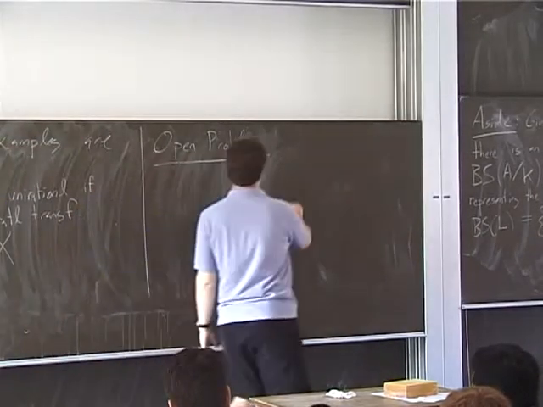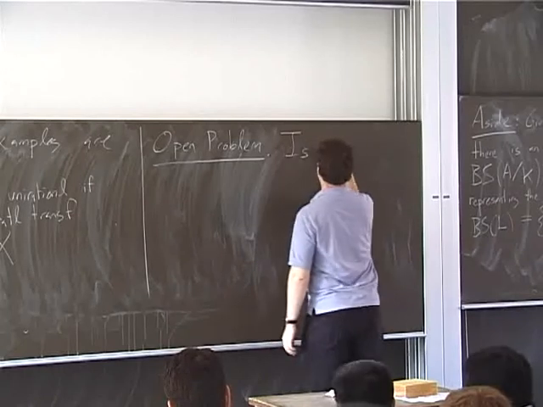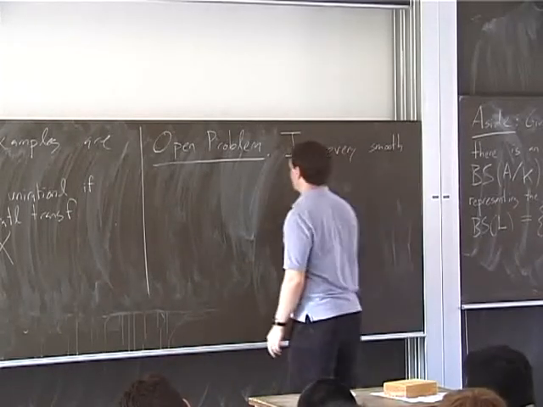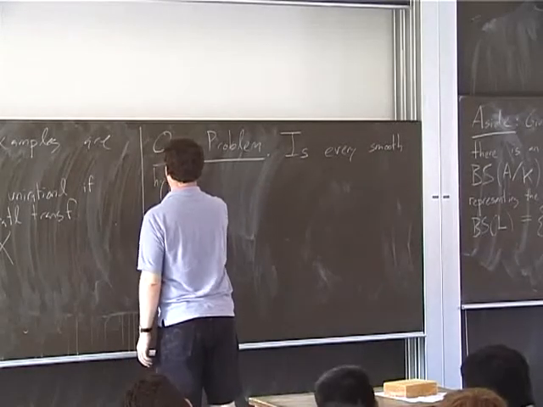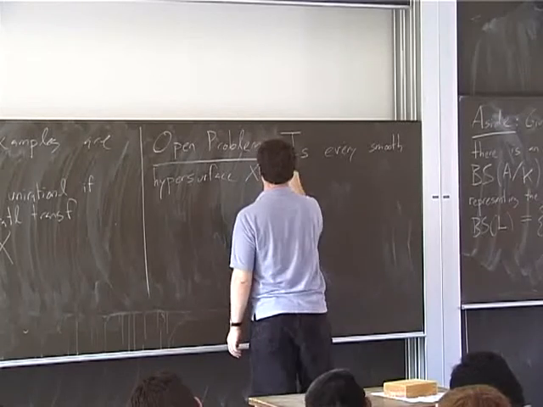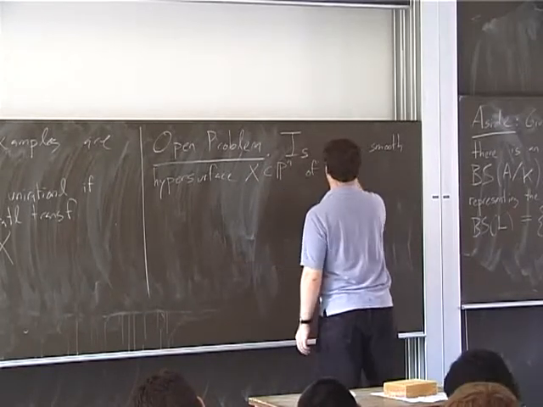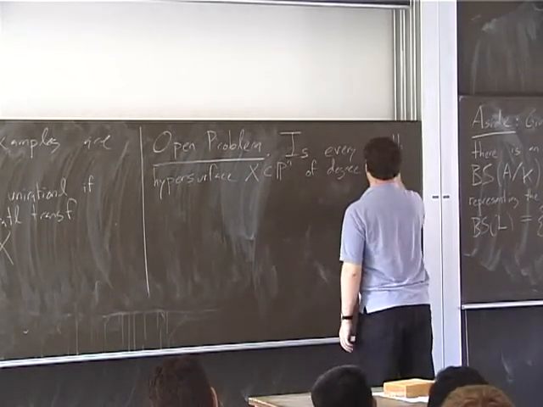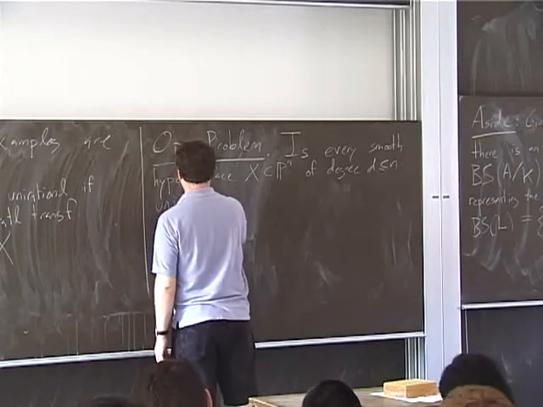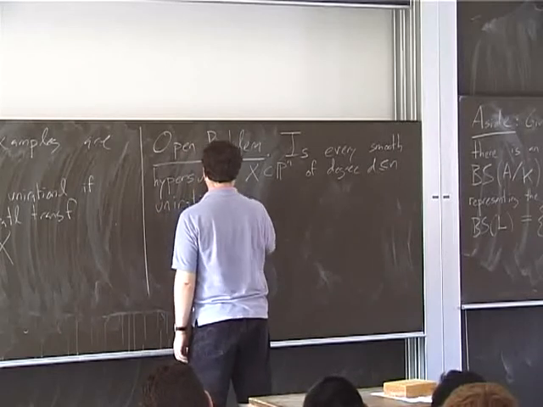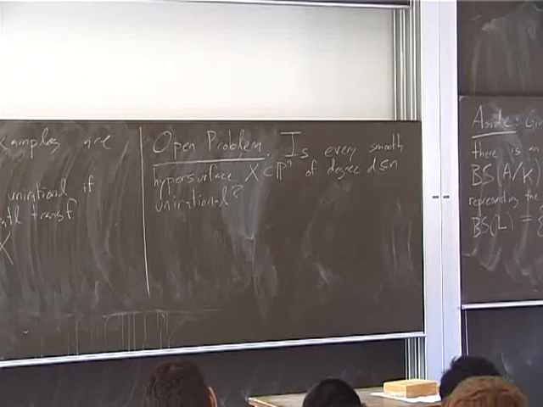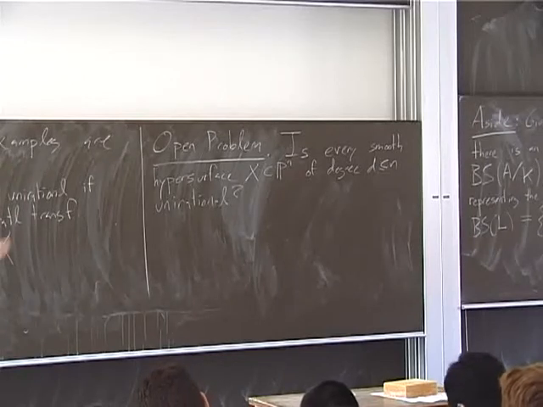So the open problem is: is every smooth hypersurface X in P^n of degree d less than or equal to n unirational? And again, I think Fano, quite a long time ago, conjectured that they are not all unirational.